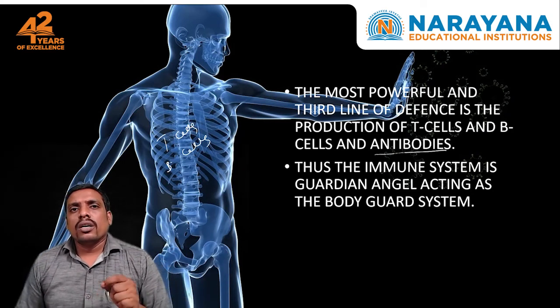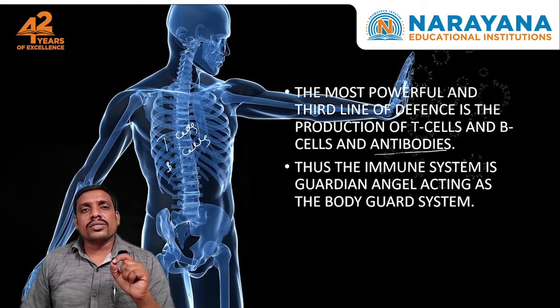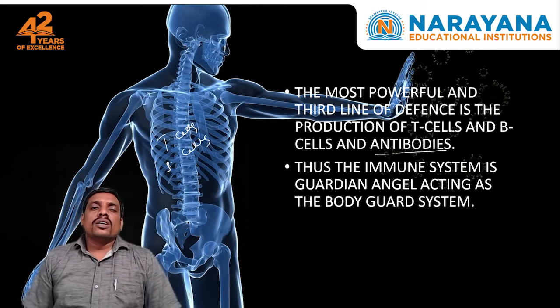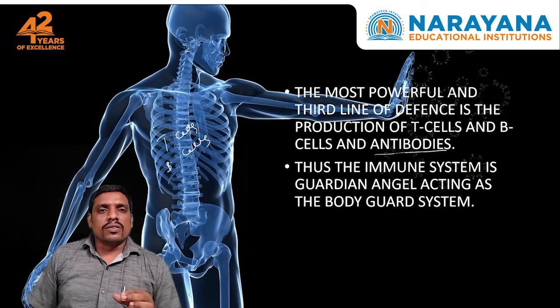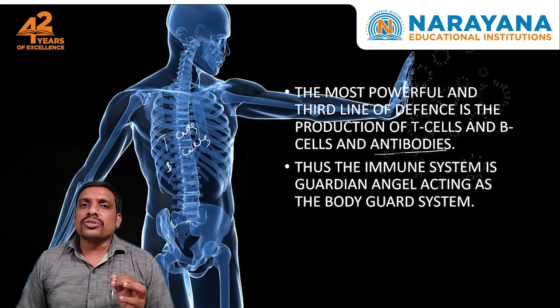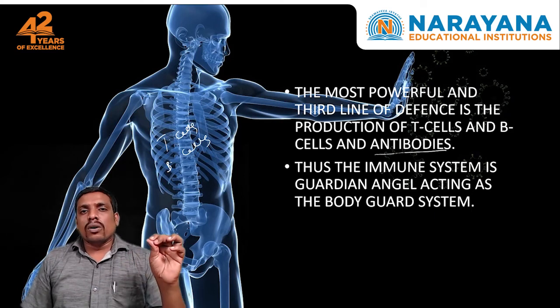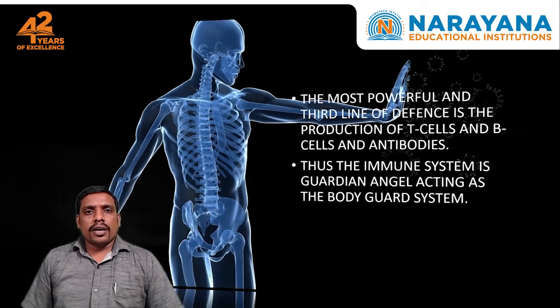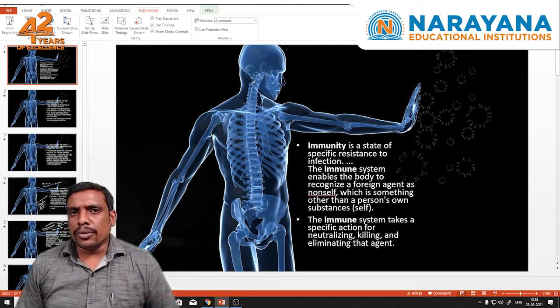He is the first immunologist in the history of science, and he discovered a vaccine for cowpox disease. So his inventions and collaborations in science and immunology made him the father of immunology. Clear, students? This is about the father of immunology and the introduction to immunology.